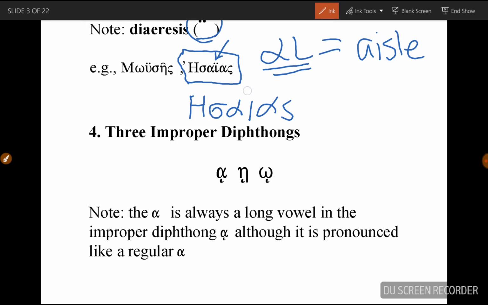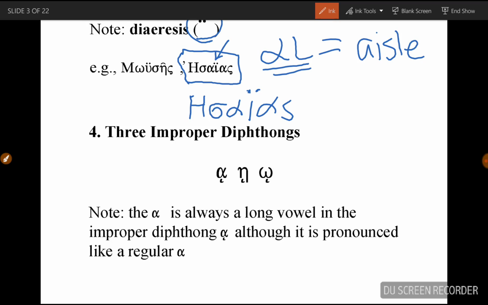But with the 2 dots, what that does is it tells the reader, hey, don't pronounce this as a normal diphthong. Pronounce these letters as if they're separate individual letters. So in this case, I would pronounce this not as Esias, but instead as Esaias. Do you see how I'm pronouncing each letter separately? Esaias.